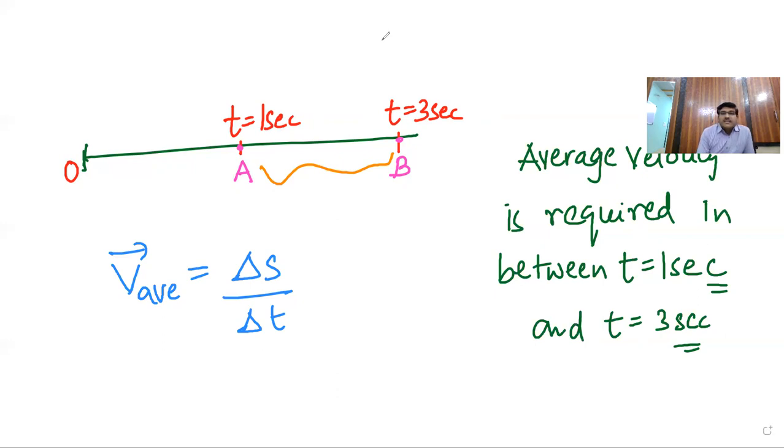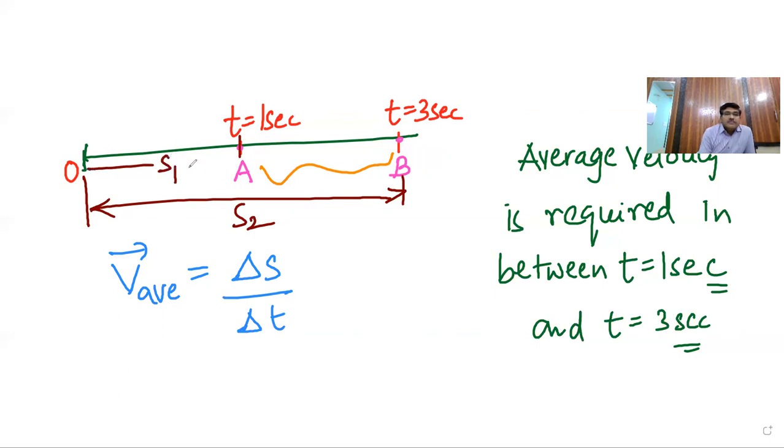If I say that from the origin, beginning of the path, up to the B point, displacement is S2, and from origin up to the A point, displacement is S1, in between A and B, what is the displacement? S2 minus S1. So change in displacement is S2 minus S1.